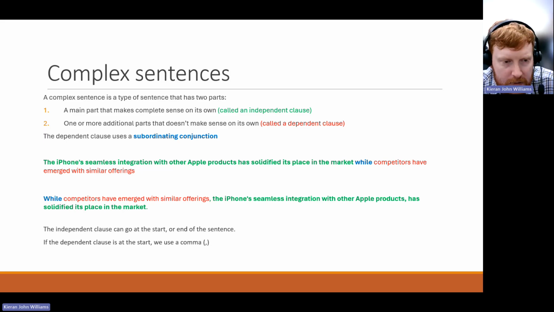If the dependent clause comes at the end, you don't need any commas. So have a look at the difference there. When it's at the start, we need the comma, but when it's at the end, we need nothing.